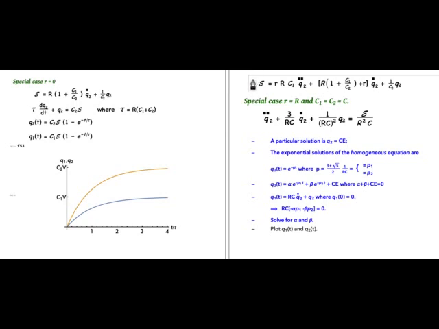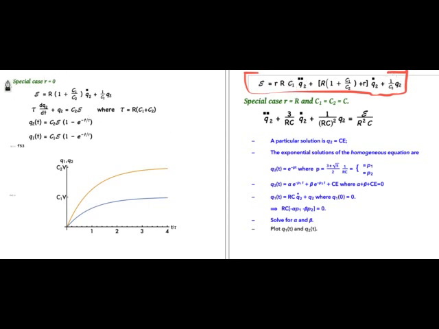All right, now here's the equation that I had on the previous slide, that second order differential equation for Q2. And now I want to solve that. If I try to solve this in complete generality, it's going to be rather complicated. So let's do some simplifying assumptions, or simpler cases.